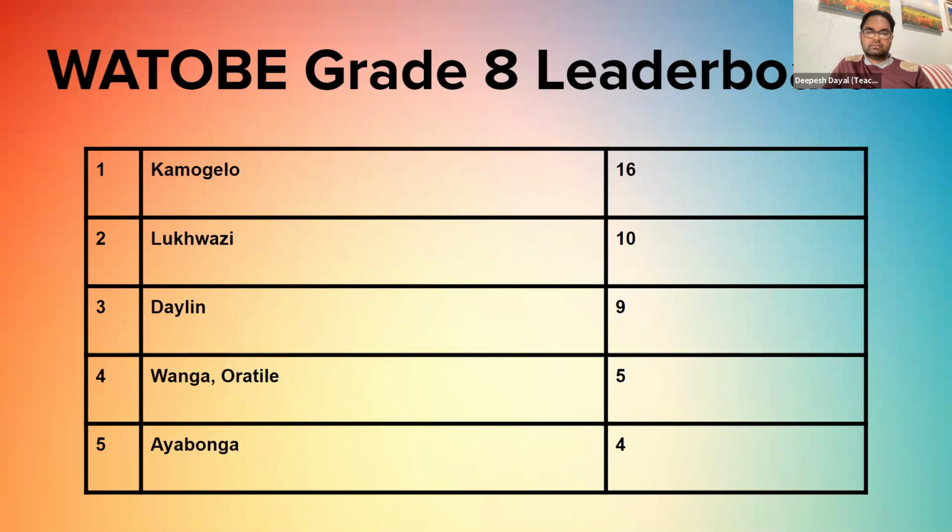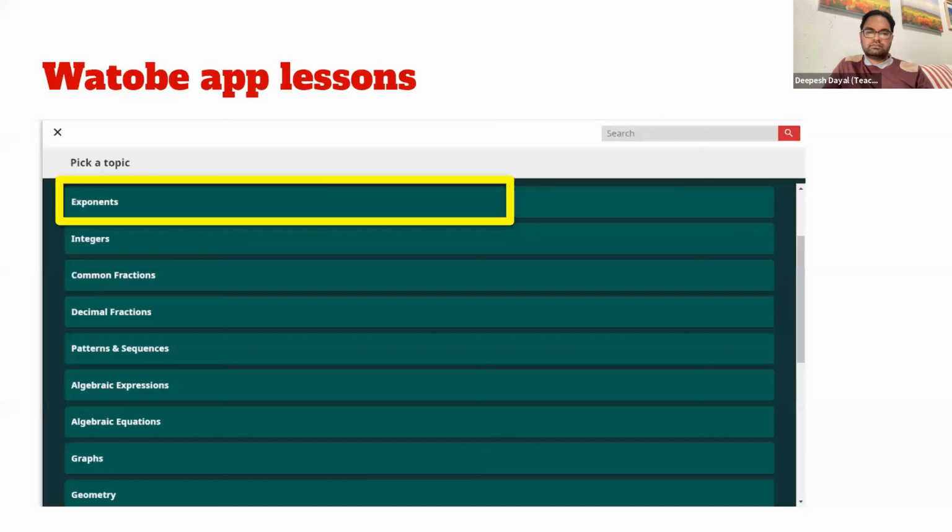Well done. All right, so the homework that we're going to be going through is exponents. The reason I want us to go through exponents is so you can learn your exponents and answer the types of questions that Teacher Depeche was going through a lot easier. So we're going to look at everything under exponents.